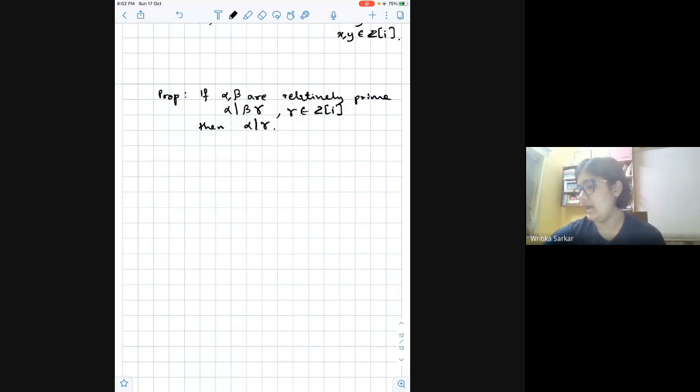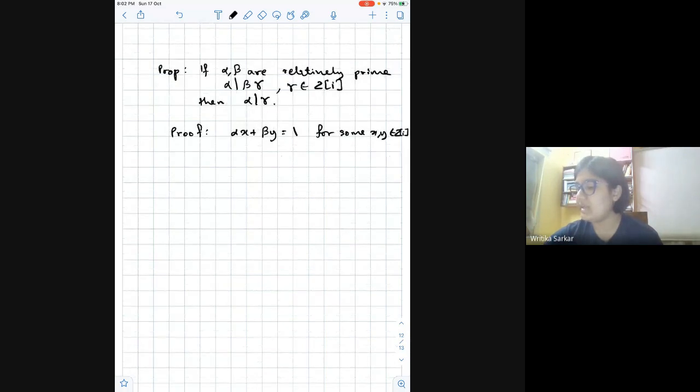And the proof is pretty simple. Since alpha and beta are relatively prime, we can write alpha x plus beta y is equal to 1 for some x comma y in Zi.